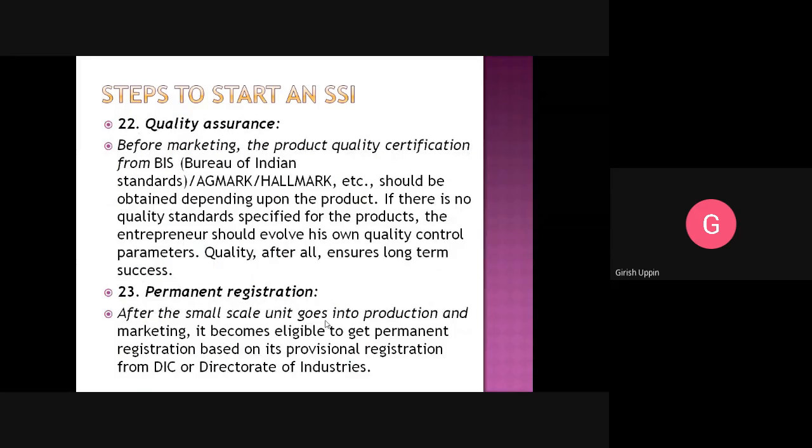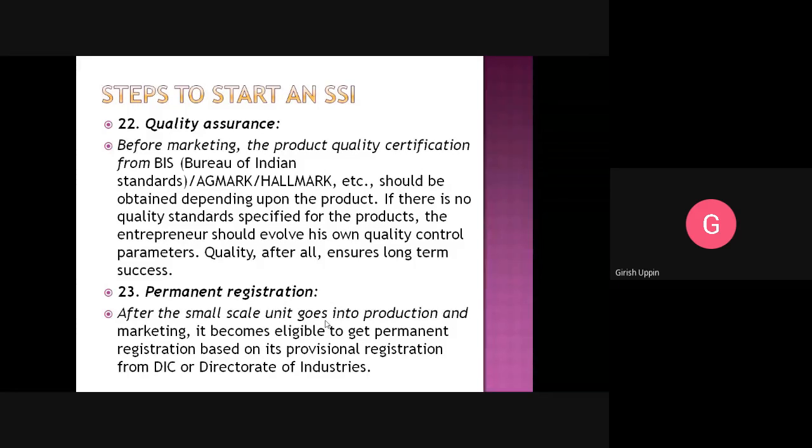Quality assurance is very, very important. Whatever products are being created, there should be a quality checking process inside the enterprise, making sure that the product meets the required quality. Also, in order to have more credibility, there are certain certification agencies.